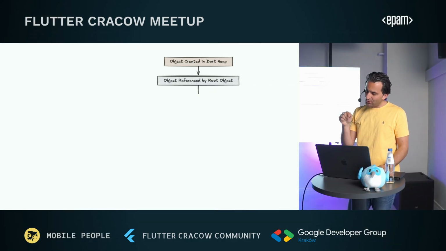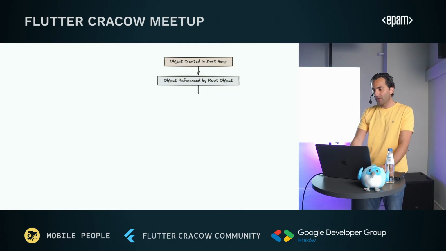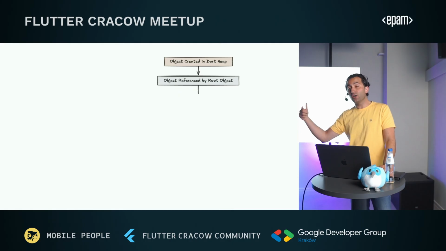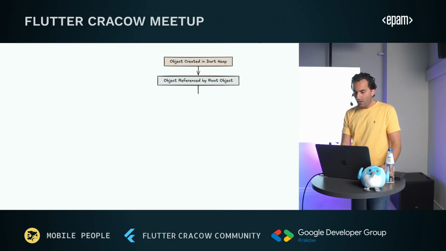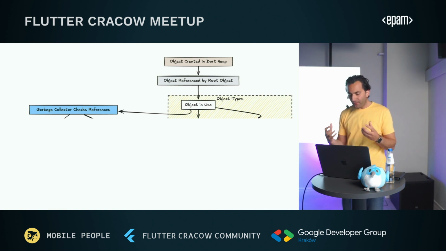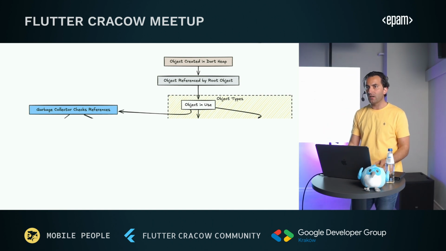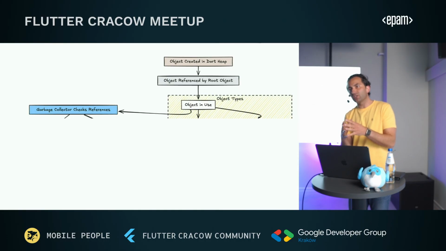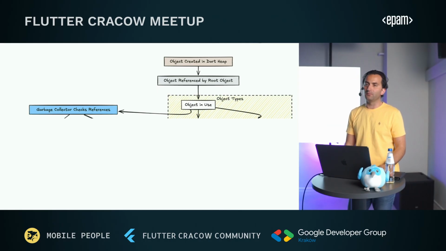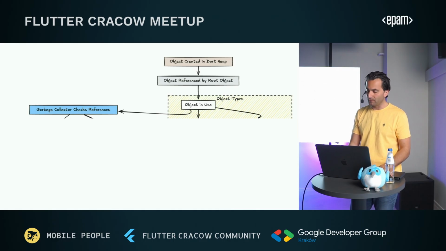Dart keeps track of these objects and reaches the other ones as long as they are reachable. If it gets to a point where there are no more references to an object, then Dart garbage collection will take care of that object and free up the memory by removing it.